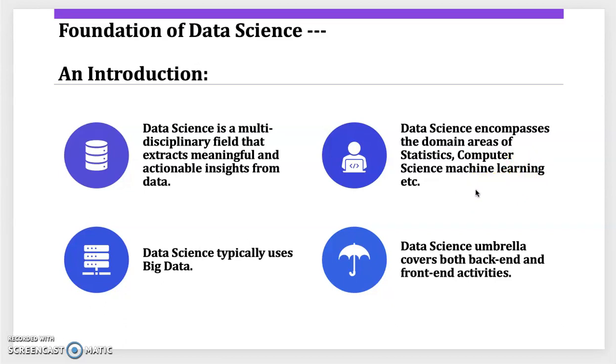You need to understand mathematics and statistics. Then we will apply machine learning and AI technology. So the data science umbrella covers both back-end analysis and front-end interpretation activity. Data science is a multidisciplinary set of skills that are applied to solve complex problems across diverse disciplines.